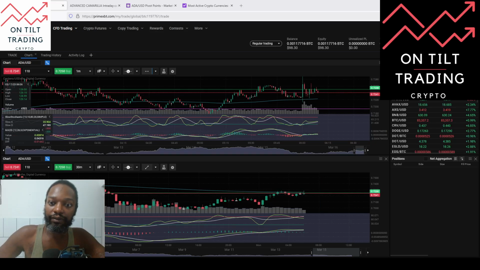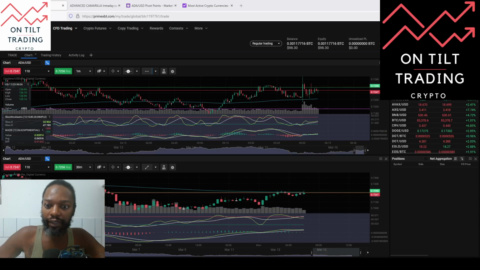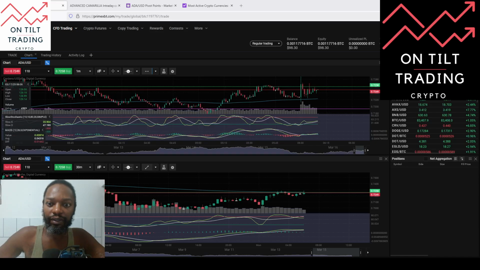On the 1 minute, this is Camarilla pivot R3 here. We're coming off some oversold conditions where this spike candle is and this elevated volume profile here. And then on the MACD, we have a little bit of buyer momentum here, and then the volume came off of this 200 EMA.